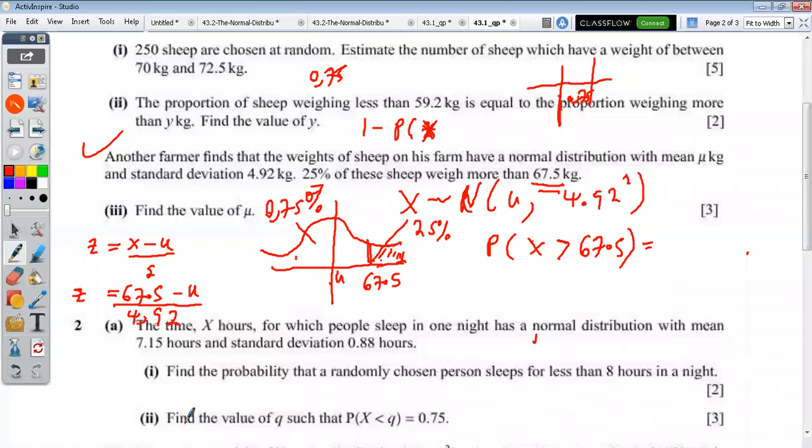So 0.75. Look, we have values very close to 0.75. Do we have a 0.75? I don't see it, but I see a value very close to 0.75. So what's the best to work with?